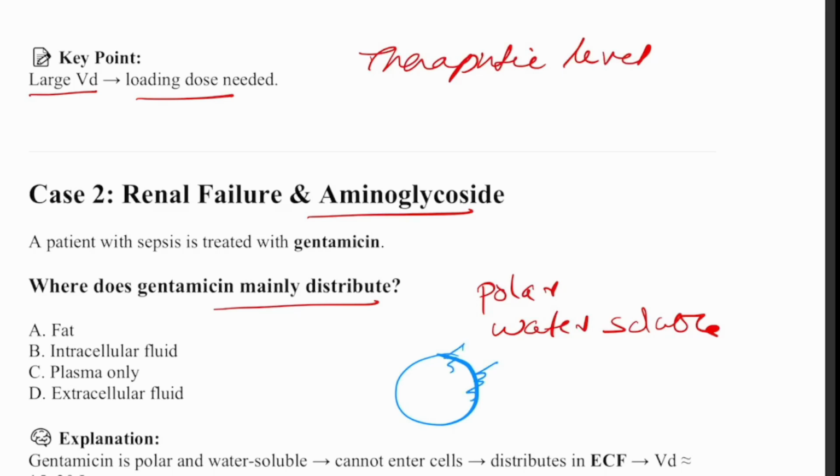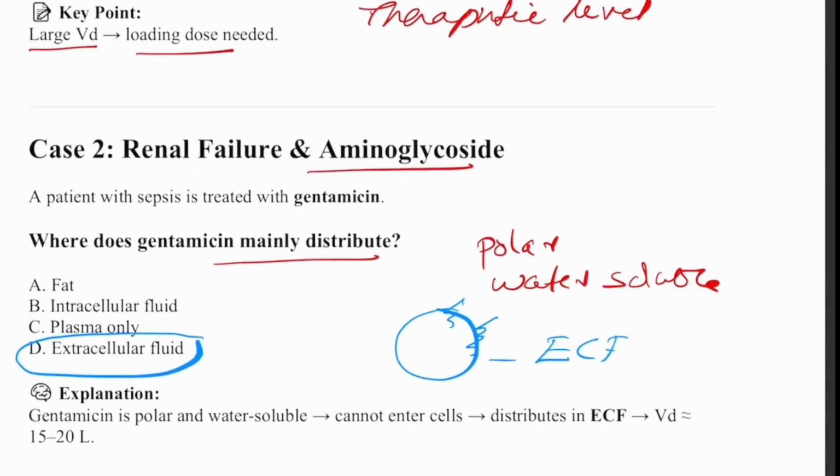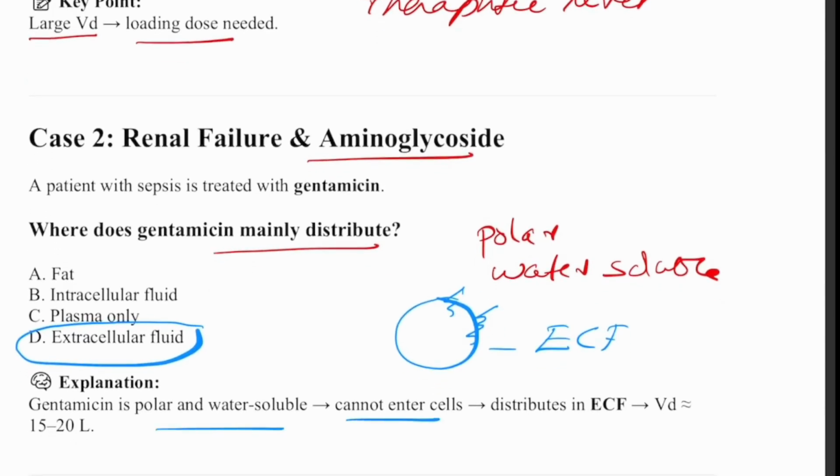So it is mainly distributed in the extracellular fluid. So the correct answer is extracellular fluid. Gentamicin is polar, water soluble, cannot enter cells, and the volume of distribution is usually 15 to 20 liters.